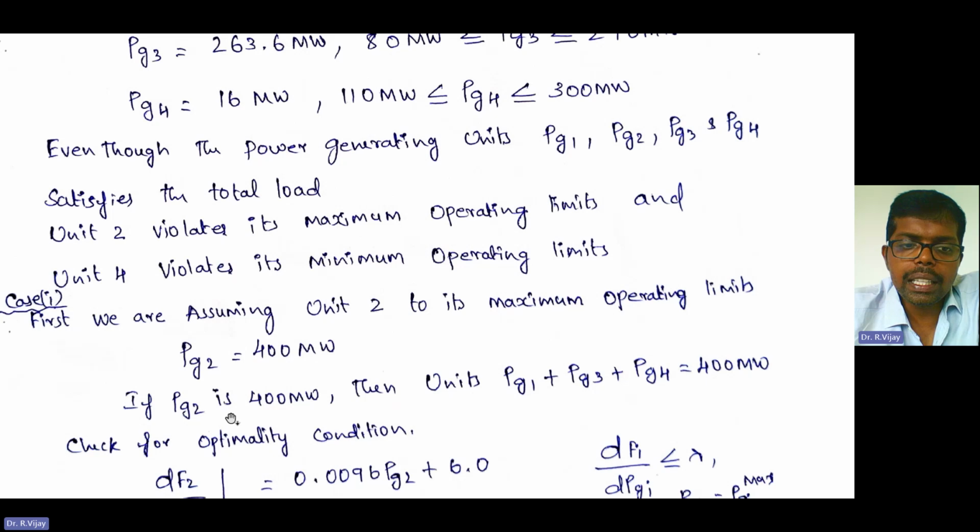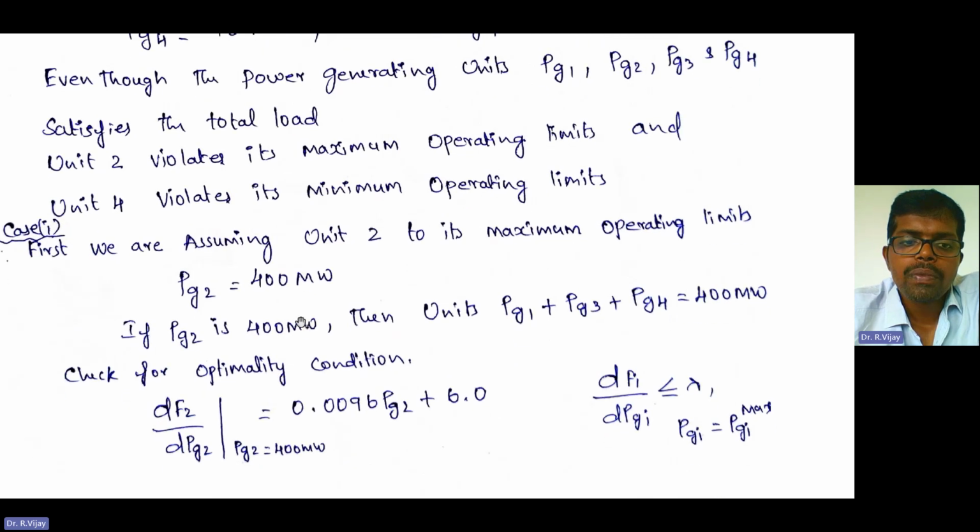We need to confirm whether the value we fixed is correct or not. So we check the optimality condition. The optimality condition we already derived in our previous classes.